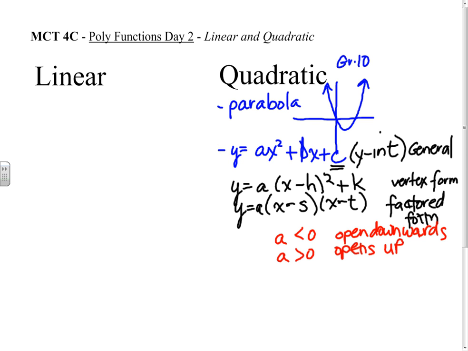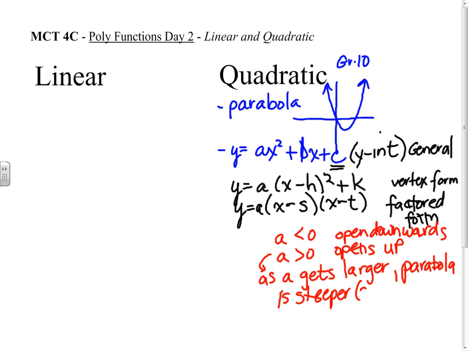As a gets larger and larger, if it is positive and gets larger, our parabola becomes steeper or skinnier.